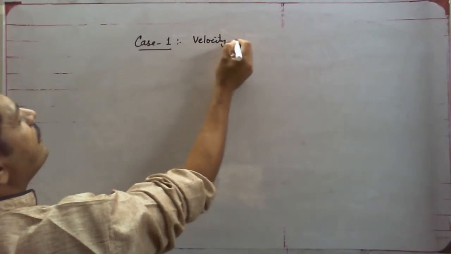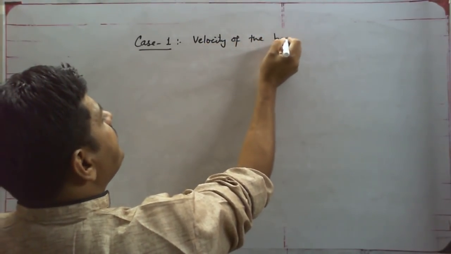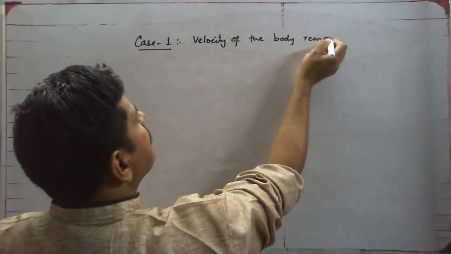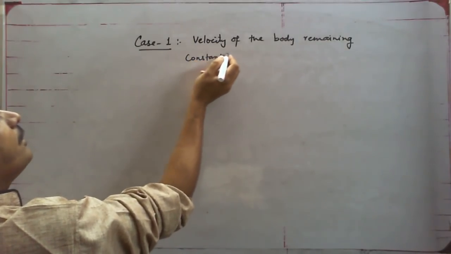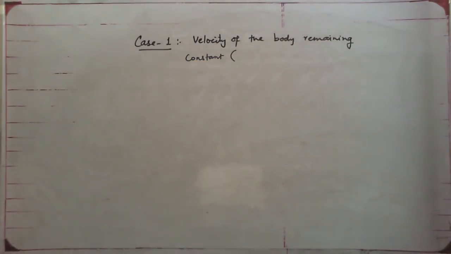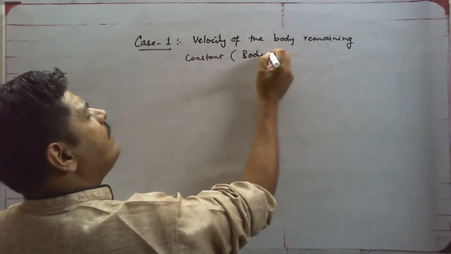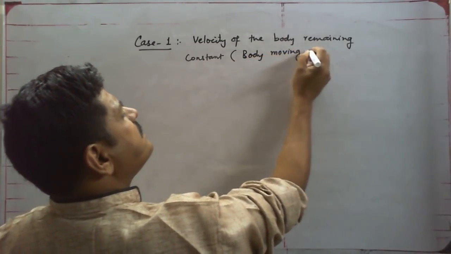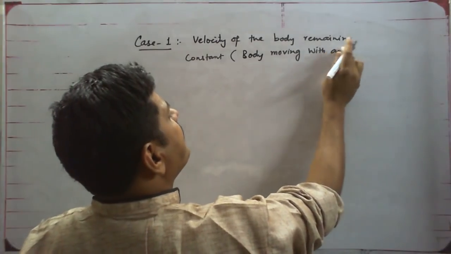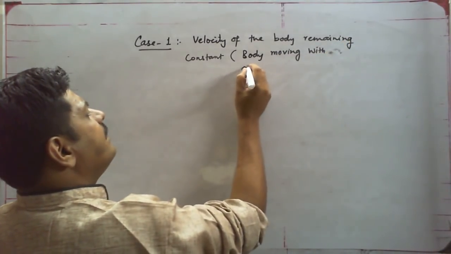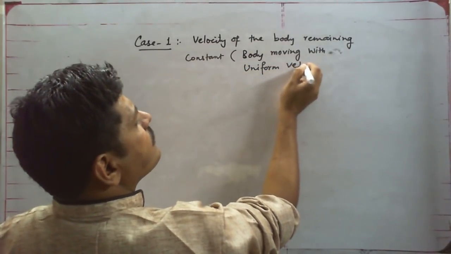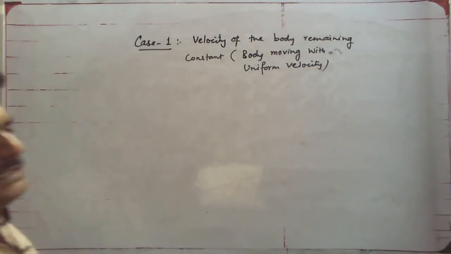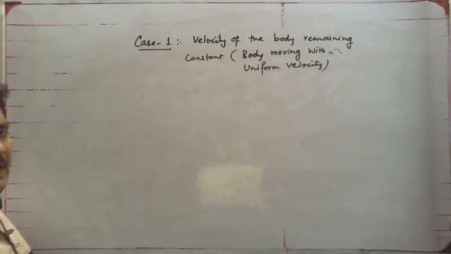Velocity of the body remaining constant, or we can call this as a body moving with uniform velocity. Let us talk about the graph with the help of an example.